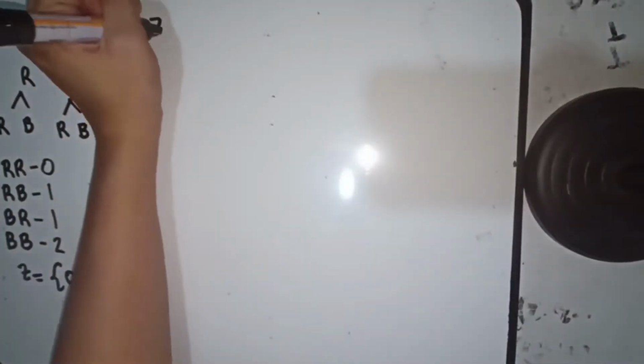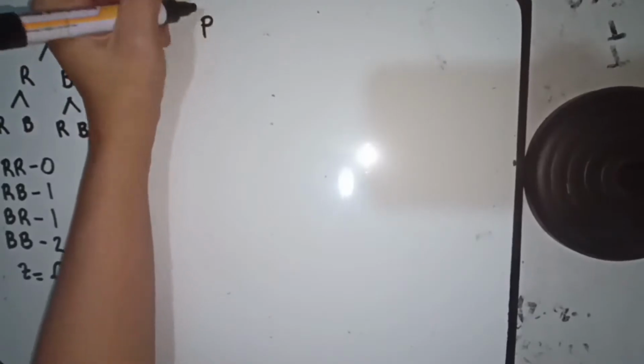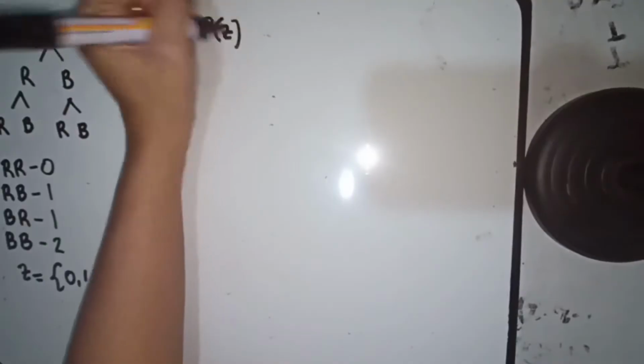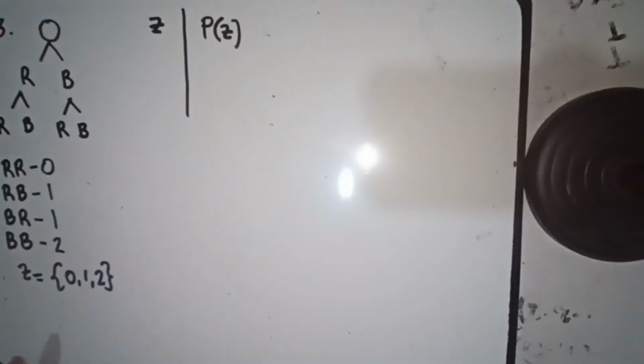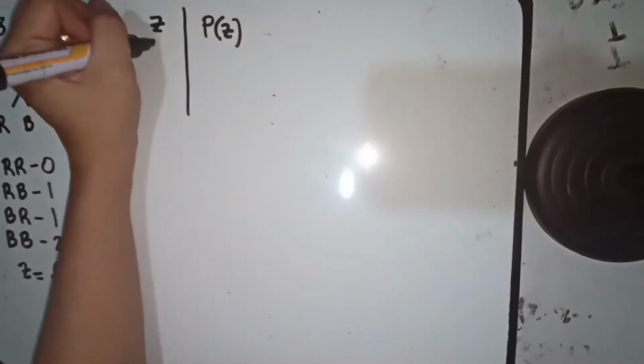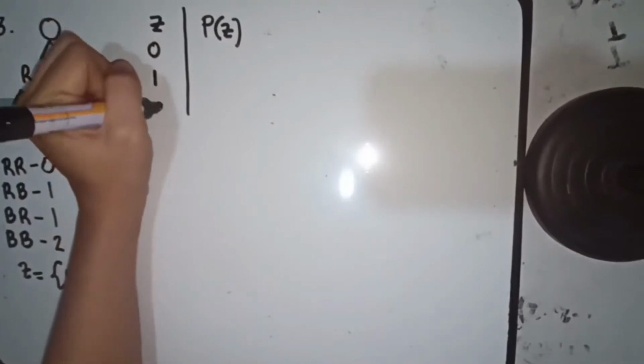Okay, for our probability distribution, we have z and P of z. The values of our random variable z are 0, 1, and 2.